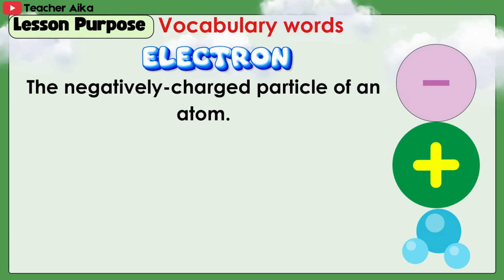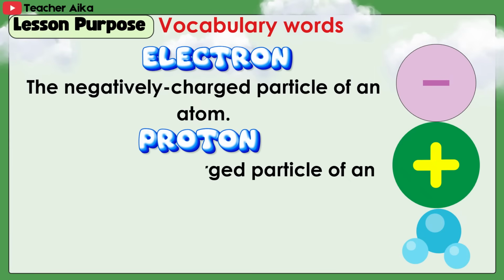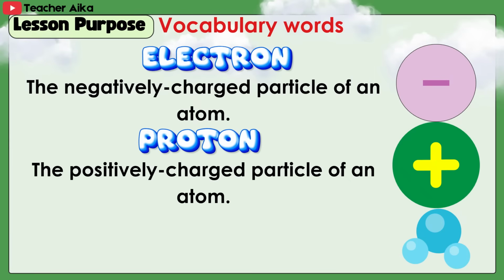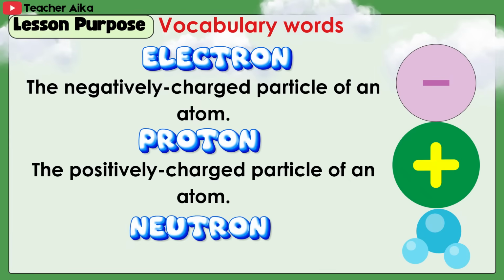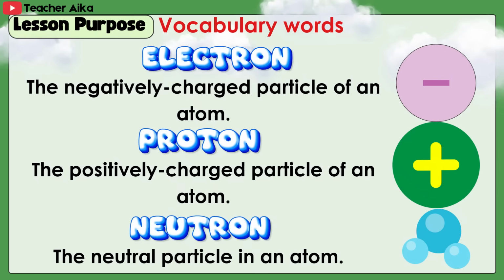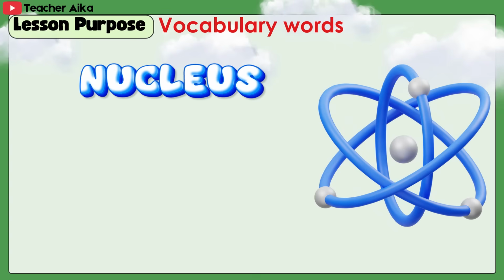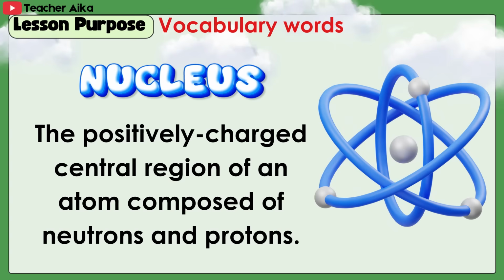Electron, the negatively charged particle of an atom. Proton, the positively charged particle of an atom. Neutron, the neutral particle in an atom. Nucleus, the positively charged central region of an atom composed of neutrons and protons.